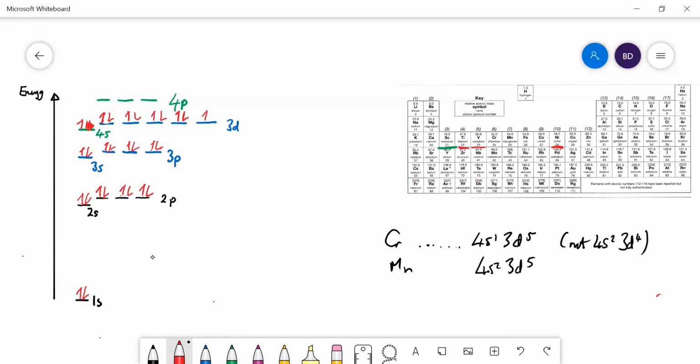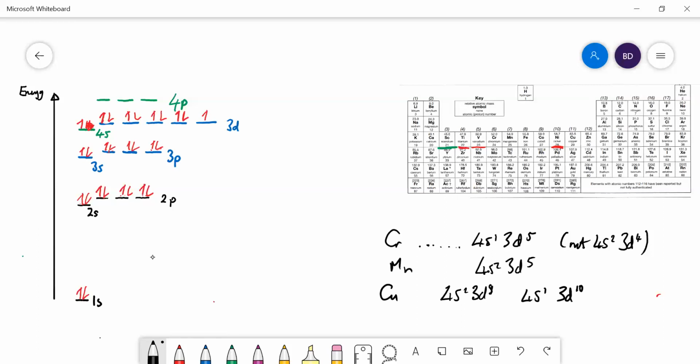So copper is not 4s2 3d9. It is 4s1 3d10.